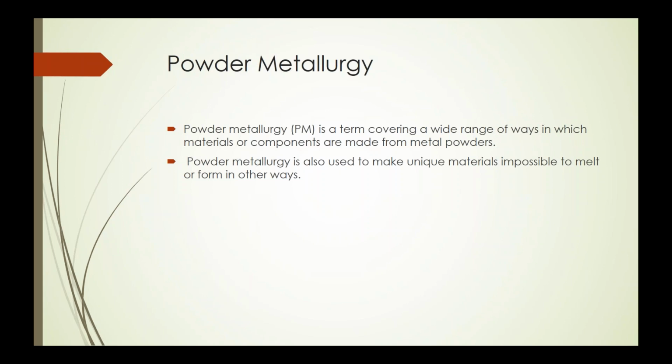It can be used to make unusual materials, such as a compact of copper and tungsten. Copper has a melting point generally between 1,000 and 2,000 degrees, and then we look at tungsten, which is multiple thousands as far as a melting point.